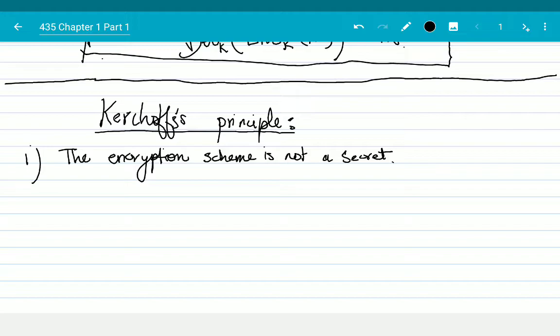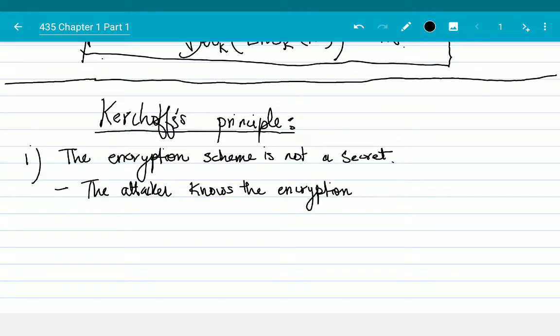So, the encryption scheme should be known to everyone. Anyone should be able to know that, hey, I am using this encryption scheme to encode my message. So the attacker knows the encryption scheme.